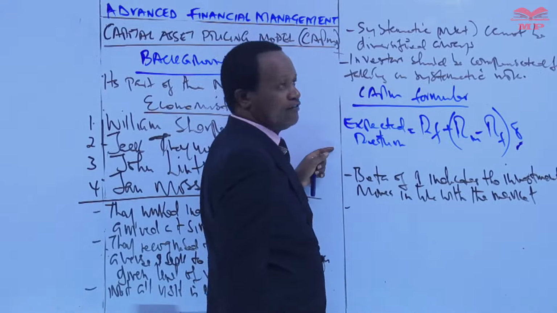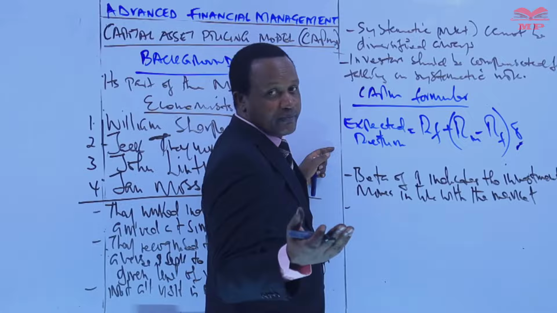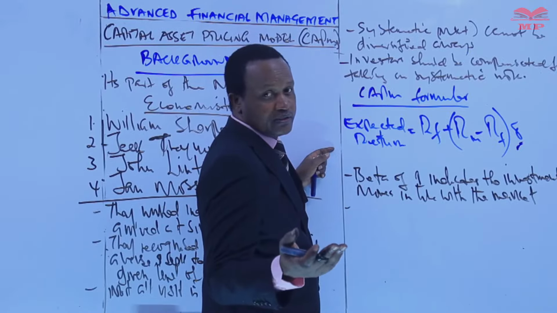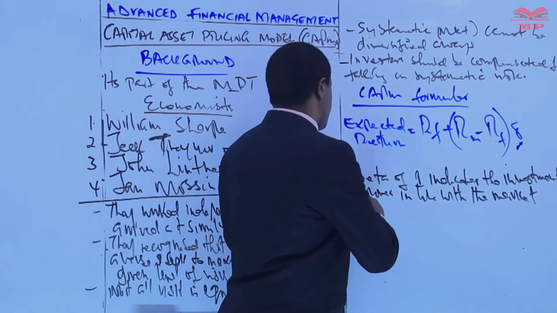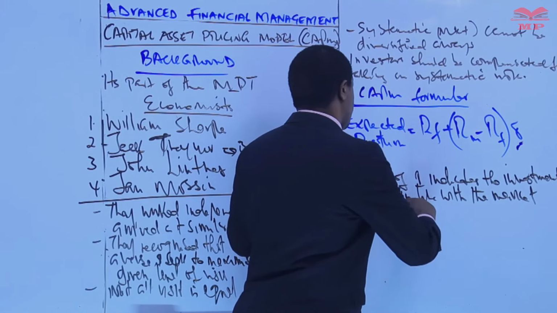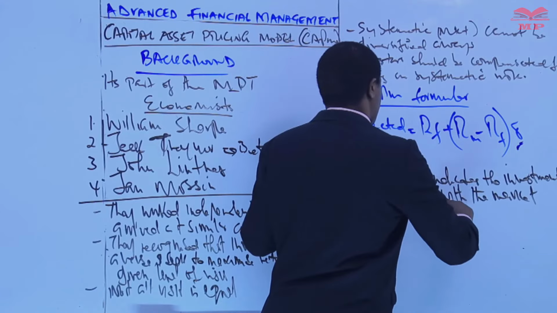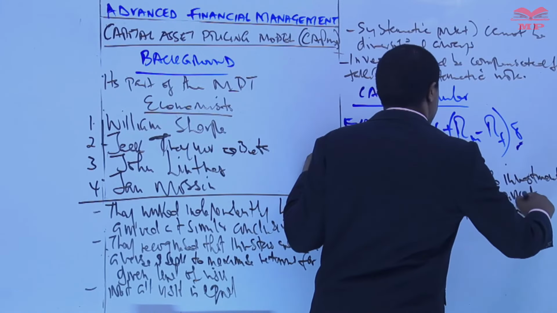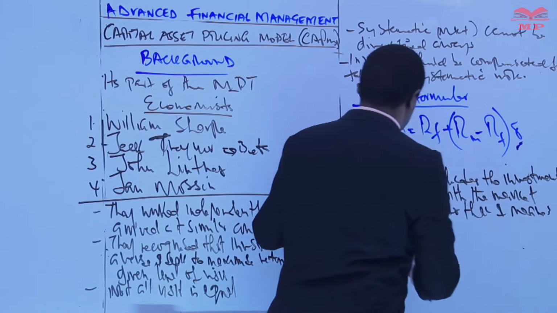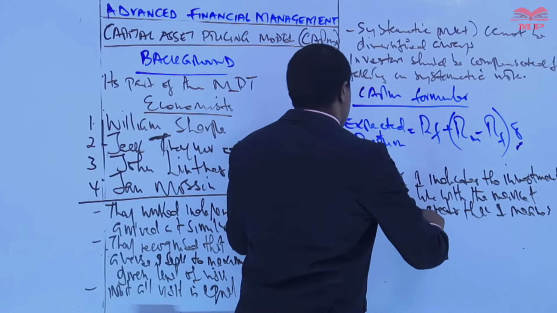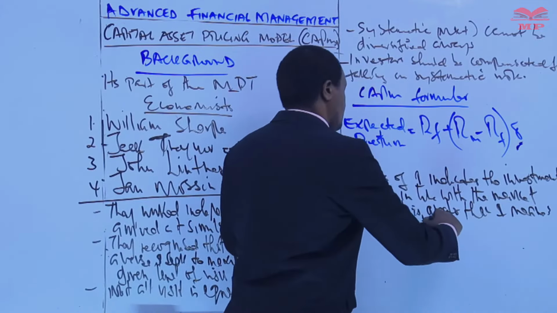But we may have a beta that is greater than 1. A beta greater than 1 means the investment is more volatile.